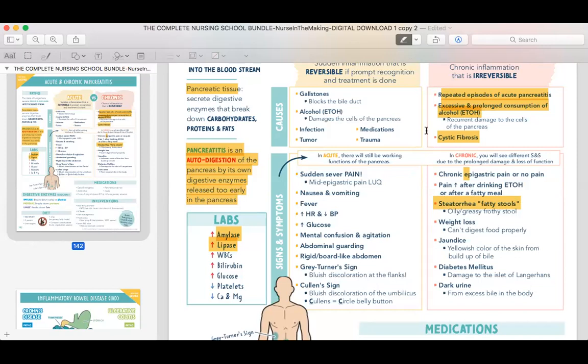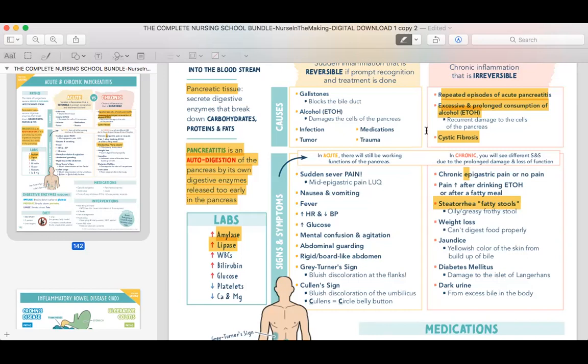They are more prone to getting infection, patients with cystic fibrosis, because they're going to have a low WBC. You want to make sure that you keep them away from sick people, patients that have cystic fibrosis, and you want to make sure you have them wash their hands.